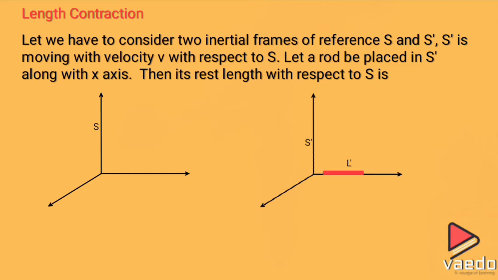Now let us consider that we have placed a rod in the first frame of reference with length L. If we observe this object from the second frame of reference, its length will be L prime, which equals x2 prime minus x1 prime.